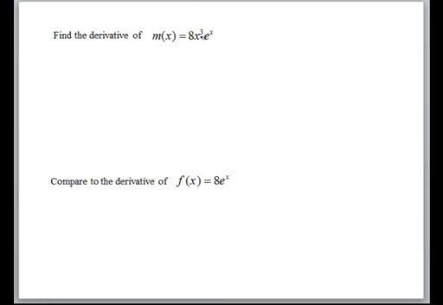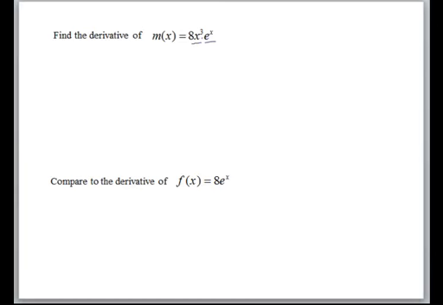I have 8x cubed times e to the x. This is a function of x, and this is a function of x. But down here, in fact we did this one in our previous class, 8 is a constant. And so for this one here, I don't need to use the product rule. I could use the product rule, and when I simplify it I get the same answer, but it's much easier to just use the constant rule.